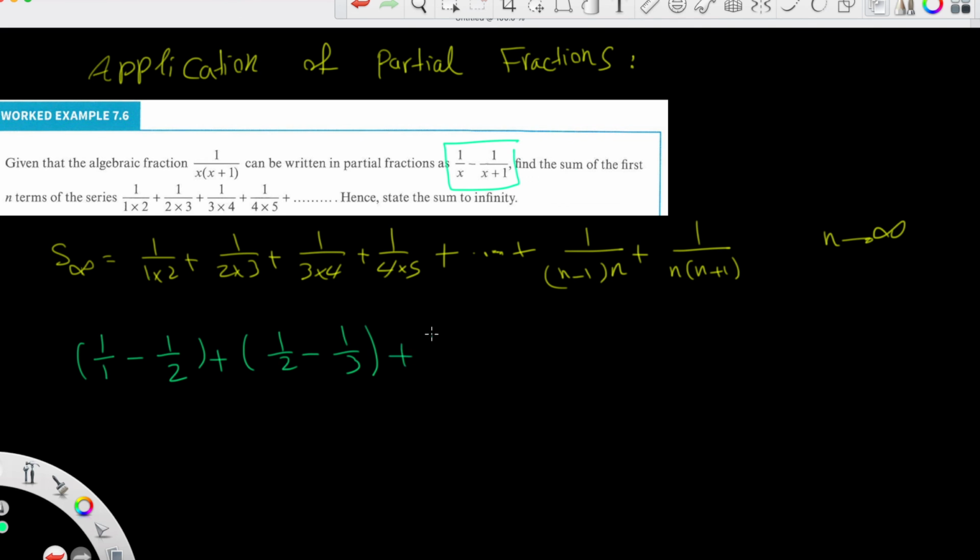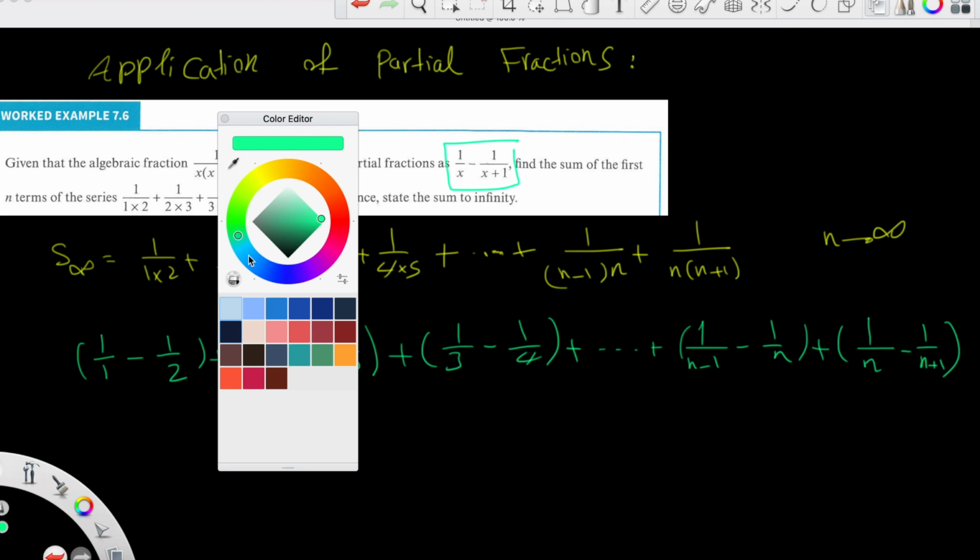Then the third one can be written as 1/3 − 1/4. Then this one can be written as 1/(n − 1) − 1/n. Then the last term is 1/n − 1/(n + 1).